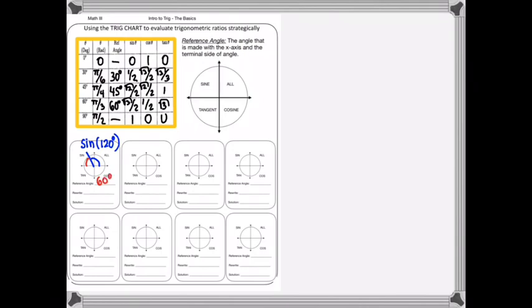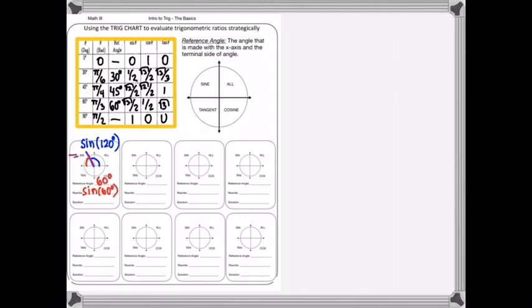So we rewrite this as the sine of 60 degrees. Now, to do the last part, we're going to take a look at where the terminal side has landed.